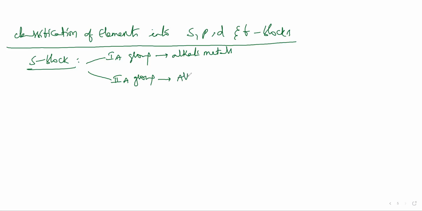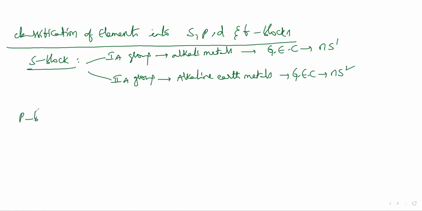Second A group elements are called alkaline earth metals, right? Alkali metals general electronic configuration is NS1. Alkaline earth metals general electronic configuration is NS2, right? Both are metals and they are highly reactive metals.